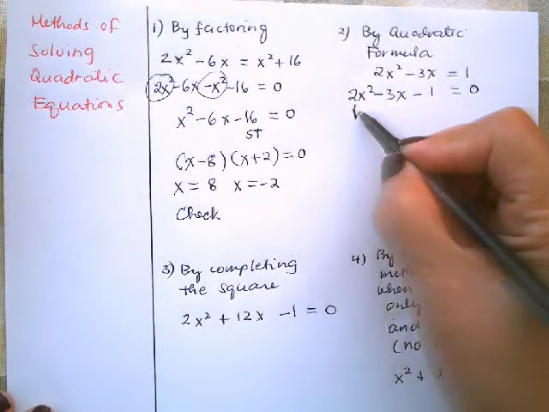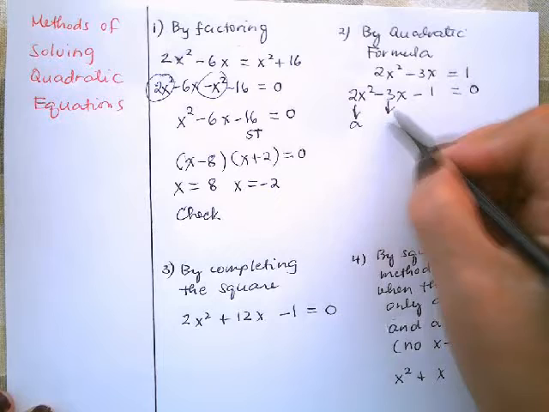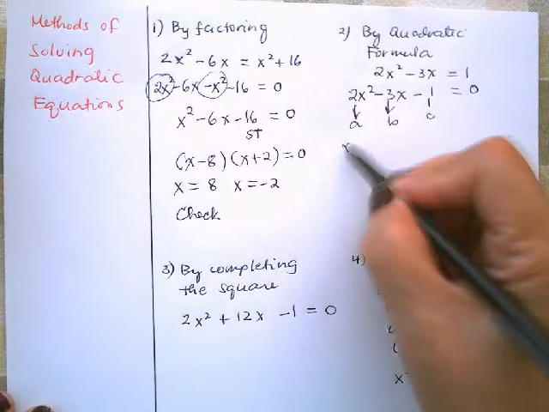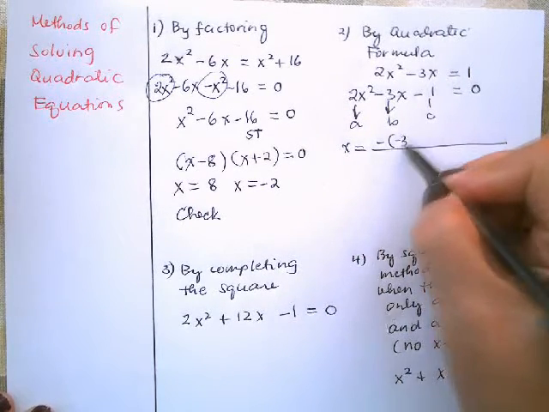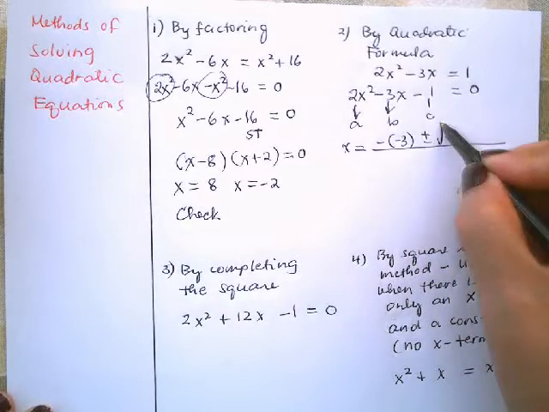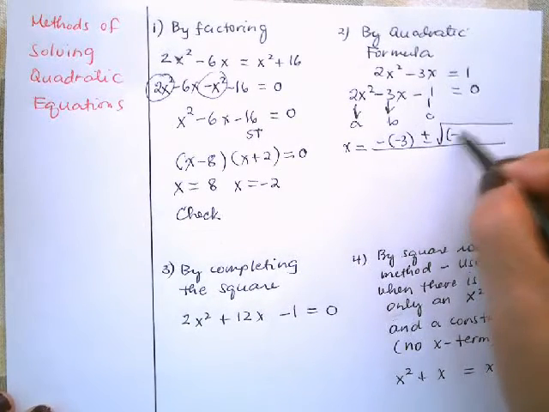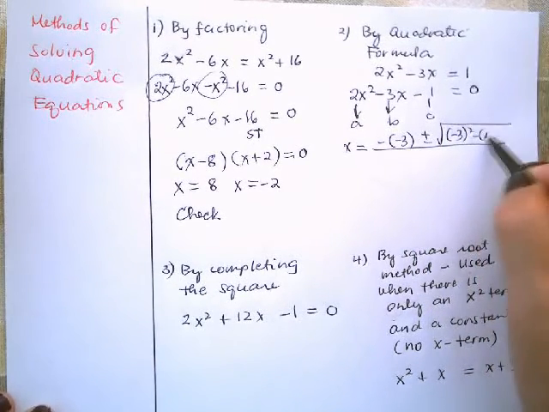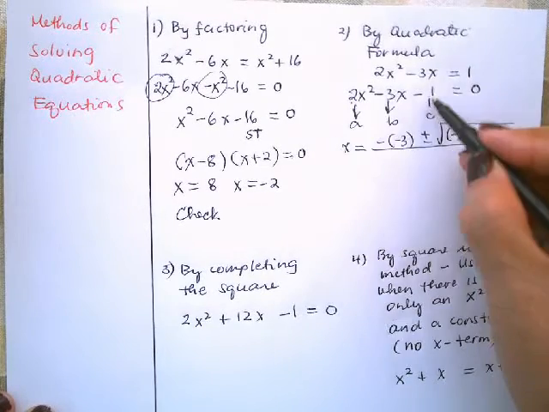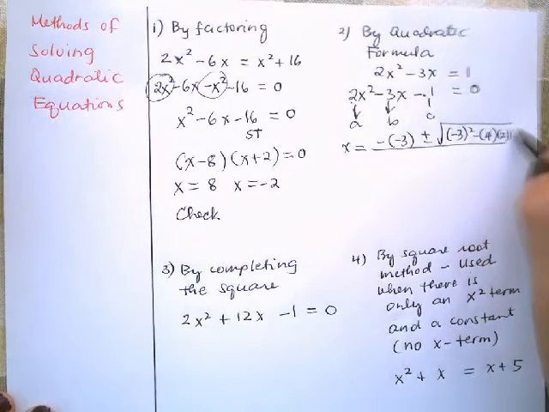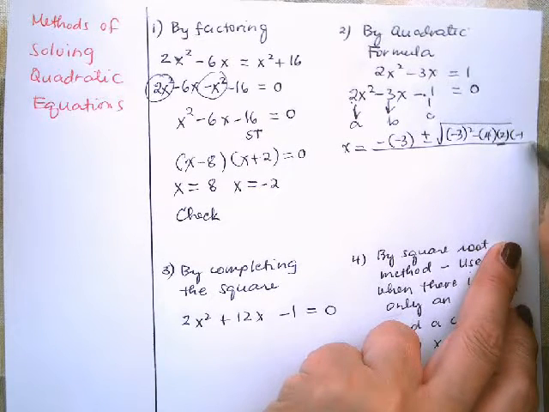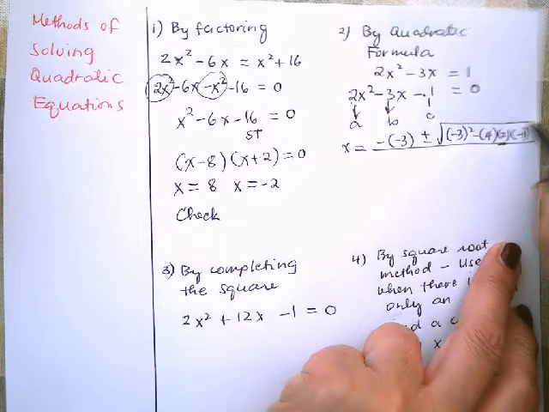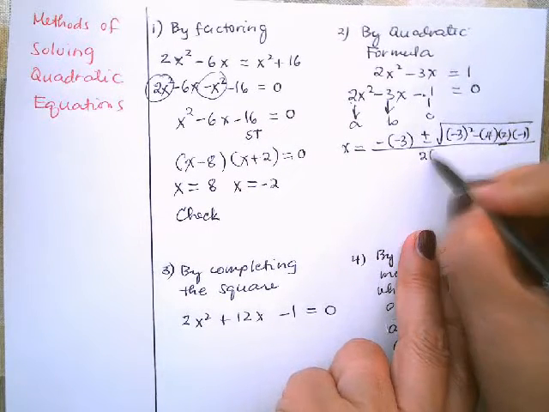Step 2, get your A, get your B, and get your C, and substitute in the formula. Negative B plus and minus square root of B squared minus 4 times A times C. 2 times 2.